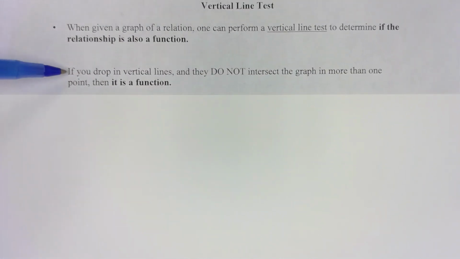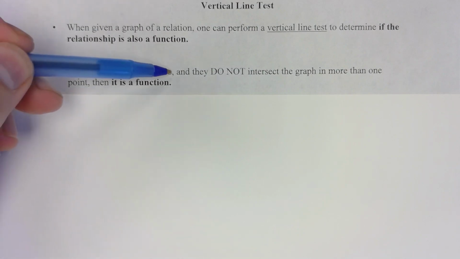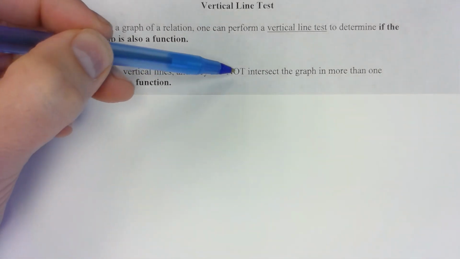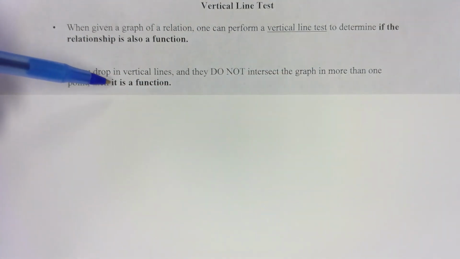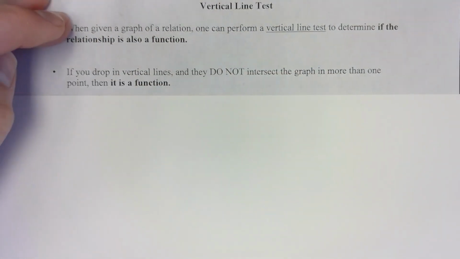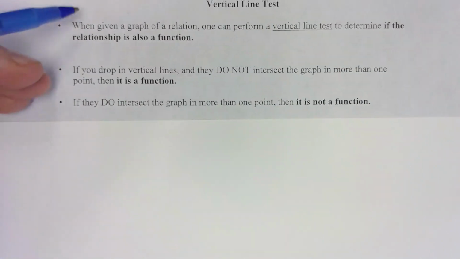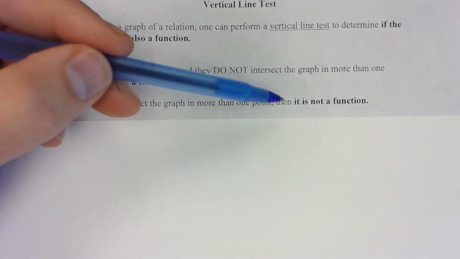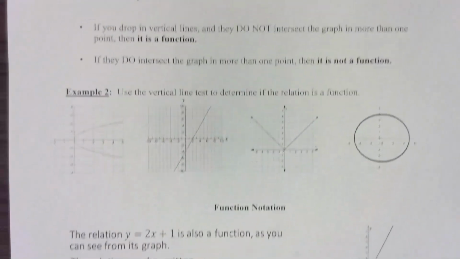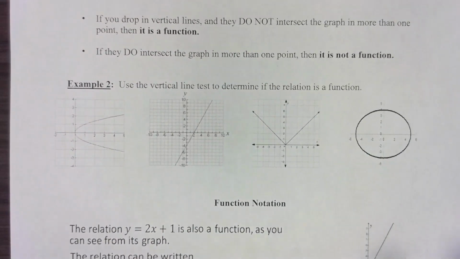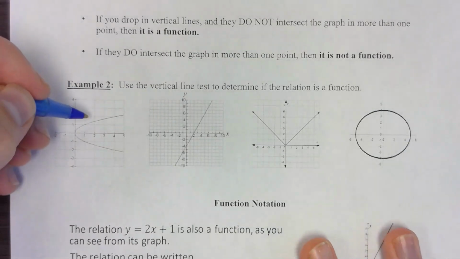So here's what to do. If you drop vertical lines and they do not intersect the graph in more than one point, then it is a function, okay? If they do intersect in more than one point, then it is not a function. Okay, so we said we need to do a vertical line.